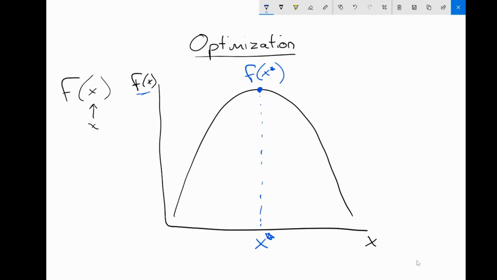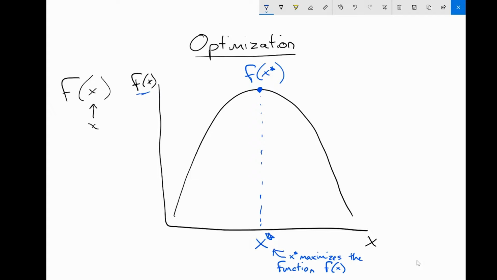X star is the value of x that maximizes the function f of x. All right, x star maximizes the function f of x.